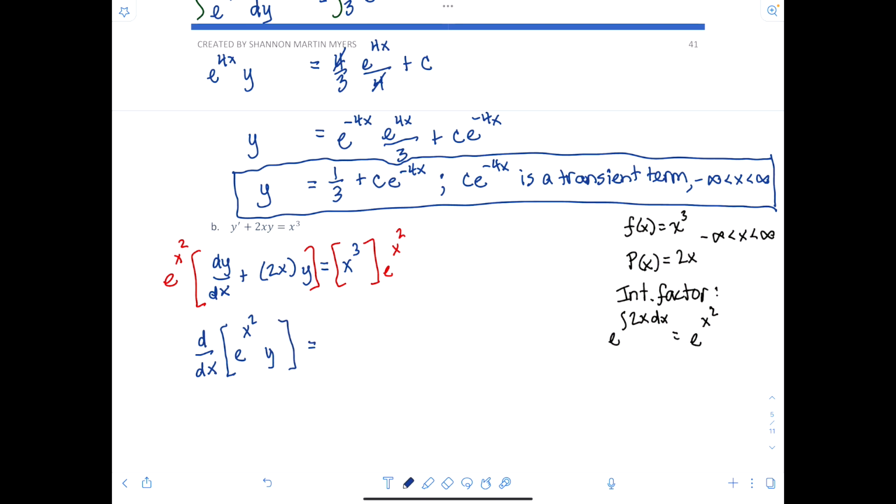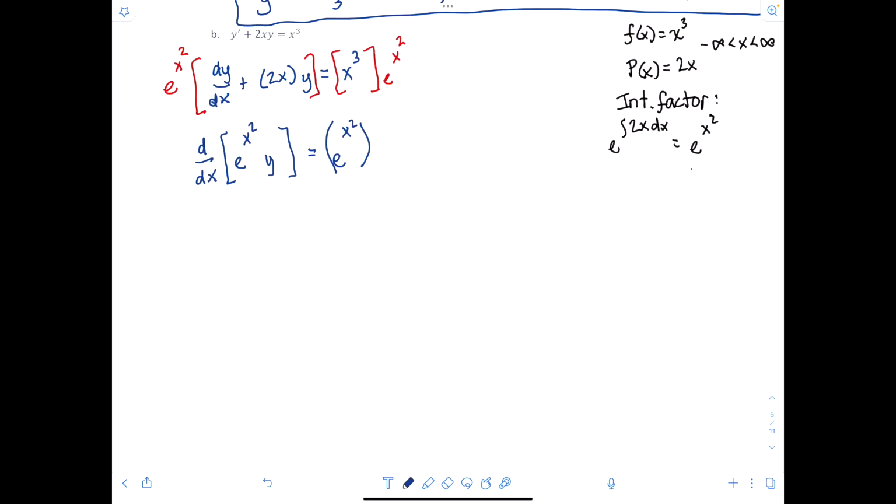And then that's going to equal e to the x squared times x cubed. So the derivative of e to the x squared y, dy, is equal to x cubed e to the x squared dx.